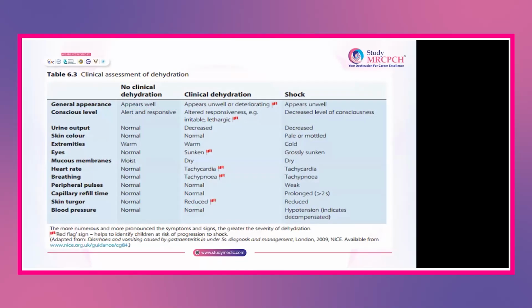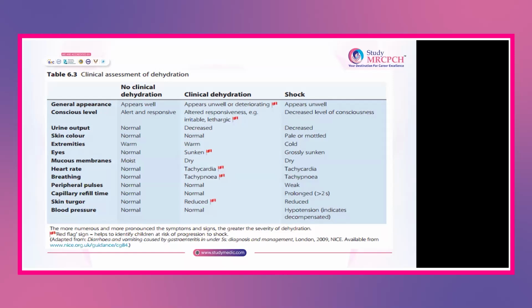To clarify all of this, the table gives you the red flags for clinical dehydration, which warrant high risk of progression to shock. So what are these? His appearance has deteriorated, altered level of consciousness, becoming more irritable or more lethargic, in both directions, sunken eyes, tachycardia, tachypnea in the breathing, and reduced capillary filling.